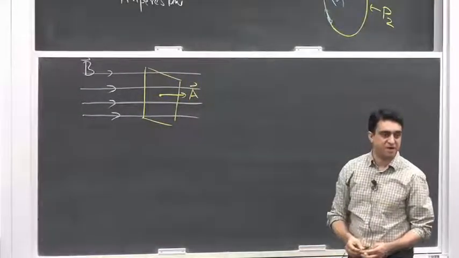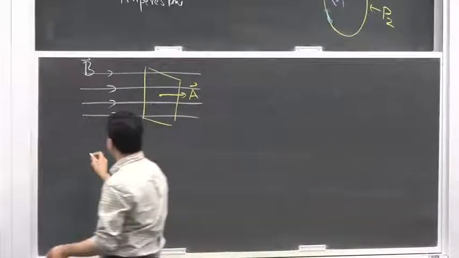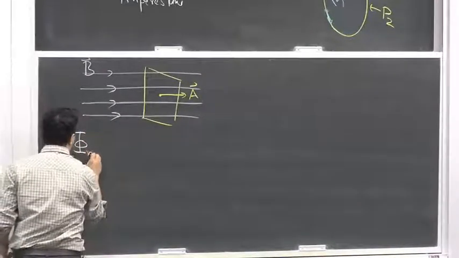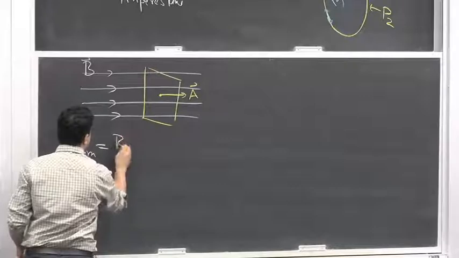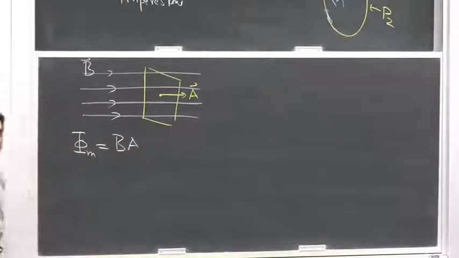What would be the magnetic flux in this case? The magnetic flux would be equal to the B magnitude multiplied by the area magnitude.